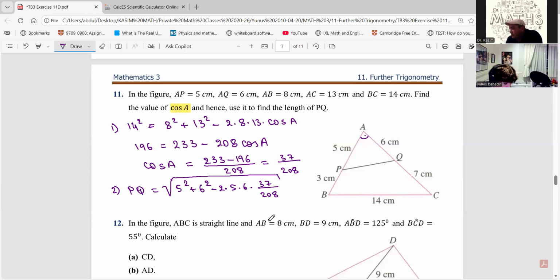Are you sure? 25 plus 36 minus 2 times 5 times... Oh, sorry, I did the wrong number. It's 7.09, so that's 7.1.